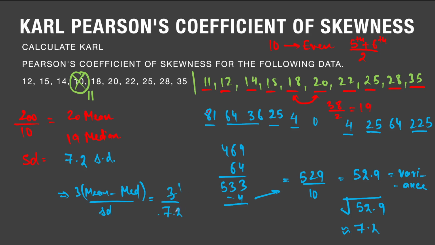The decimal will go and this will become 30 upon 72. That comes to 4.18. No, this is not 4.18, this is 0.418. This is my Karl Pearson's coefficient.